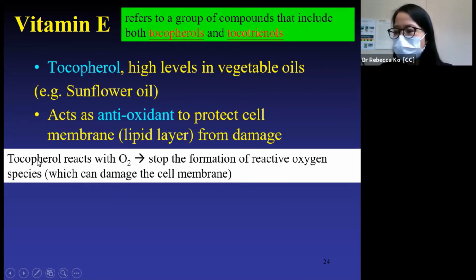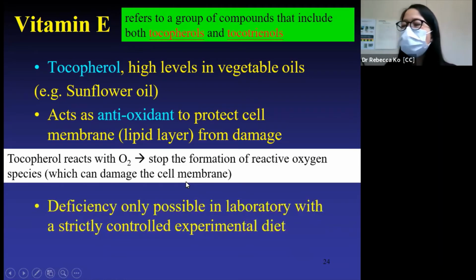Now, tocopherol reacts with oxygen so that it can't generate any reactive oxygen species, so it can't attack the cell membrane. That's why we say it acts as an antioxidant. Antioxidant means to remove the oxygen or to protect the cell membrane. Without reactive oxygen species produced, the cell membrane can be protected. Do you get what I mean?